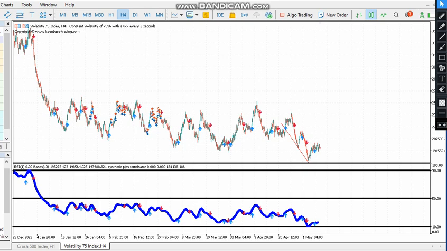I hope that for those who were commenting and asking me how this system works, they do understand it better now. When you get this system, I will send you both the trading system and the TPL file, so you don't have to set up anything anymore. I will send everything completely to you, but it's not going to be for free, so you just have to chat me up.